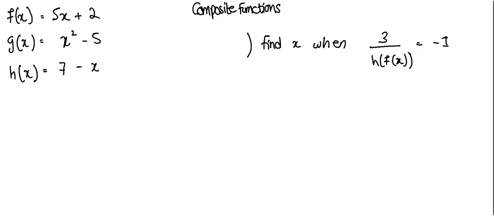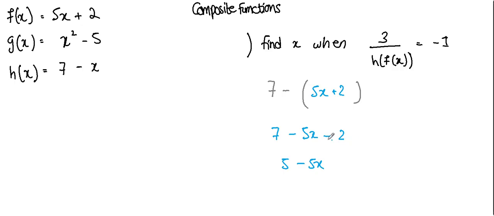So, what do we get? Let's solve the composite function first. h is the outer function, 7 minus something which is inside the bracket. What is inside the bracket? 5x plus 2. This will become 7 minus 5x minus 2. And this becomes 5 minus 5x.